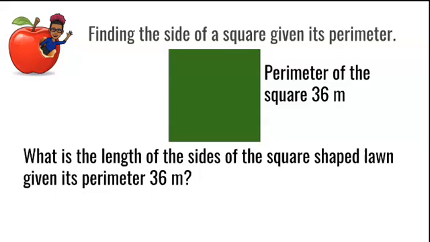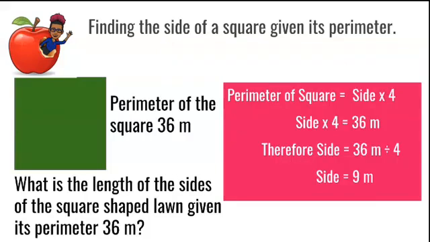Now, how do we go about finding the length of each side of a square given its perimeter, or the distance around? When we go around that square, we get 36 meters. So recap again. Perimeter for a square, the formula is equal to side multiplied by 4.